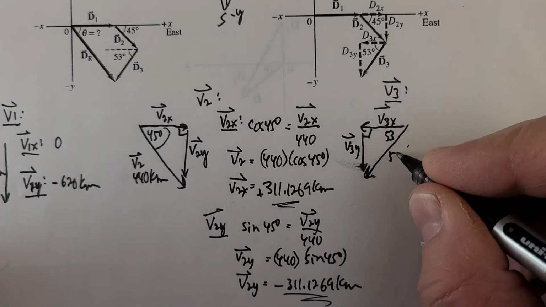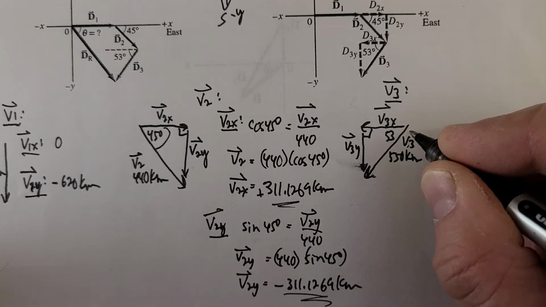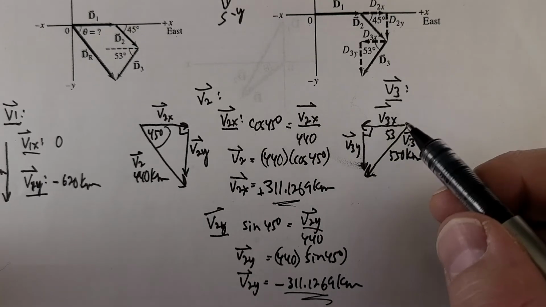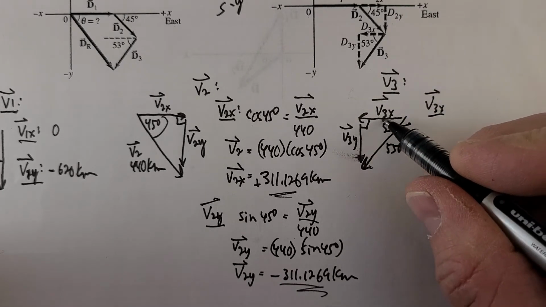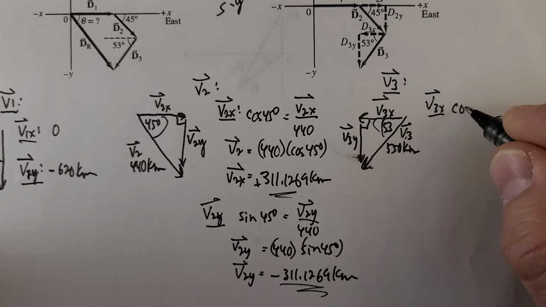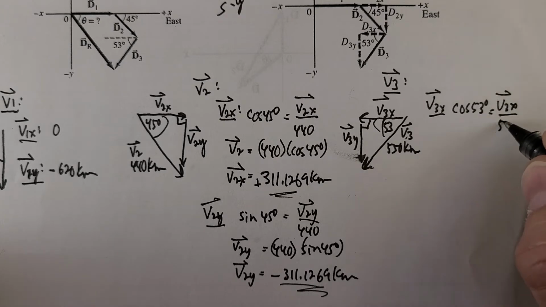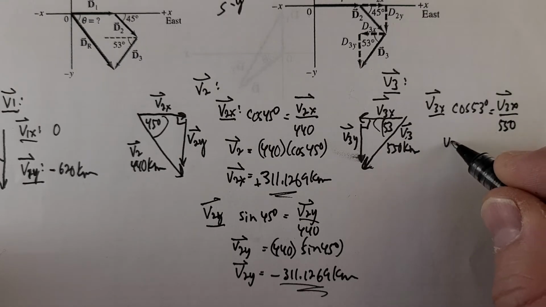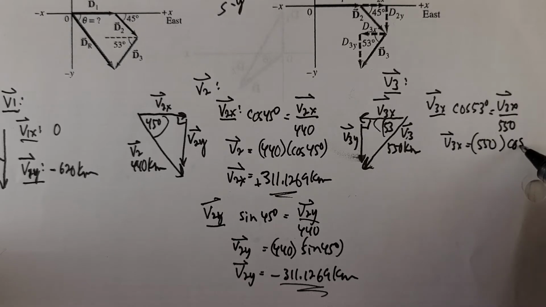So that is V3. All right, so to figure out the x direction, it's the adjacent side, so we are using cos. V3x over the hypotenuse, 550. So V3x is equal to 550 multiplied by the cos of 53.